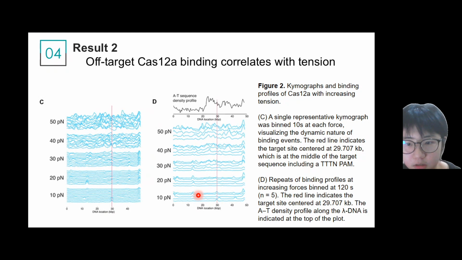In normal cases, Cas binds towards the AT-rich regions, which is because of the PAM sequence. But in high force, the RNP seems to bypass the PAM mechanism and binds by pairing with the CRISPR RNA.